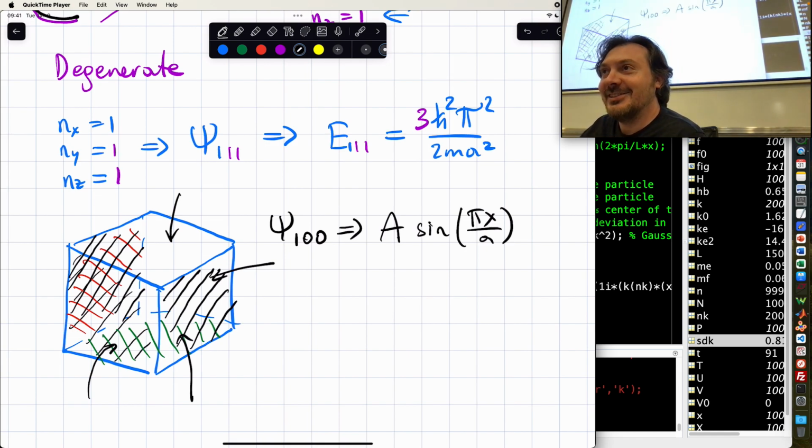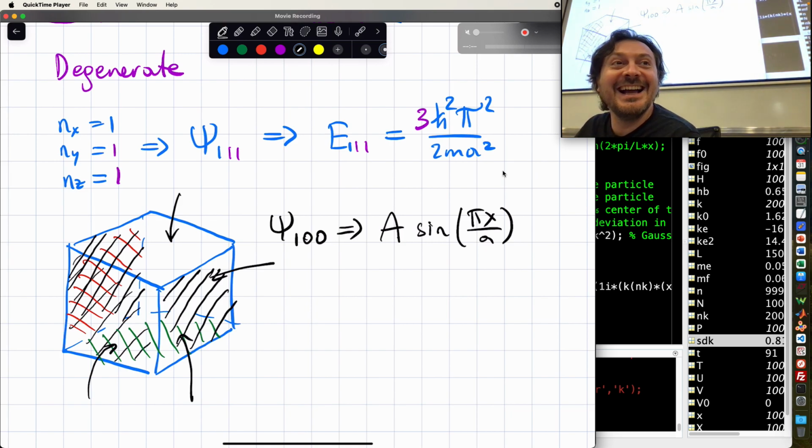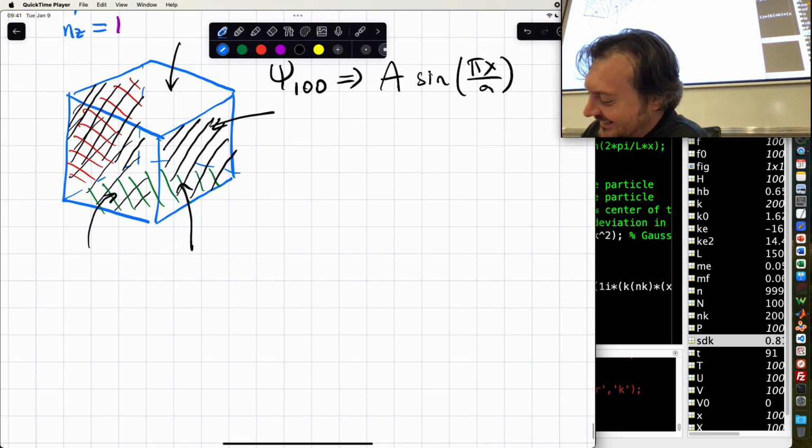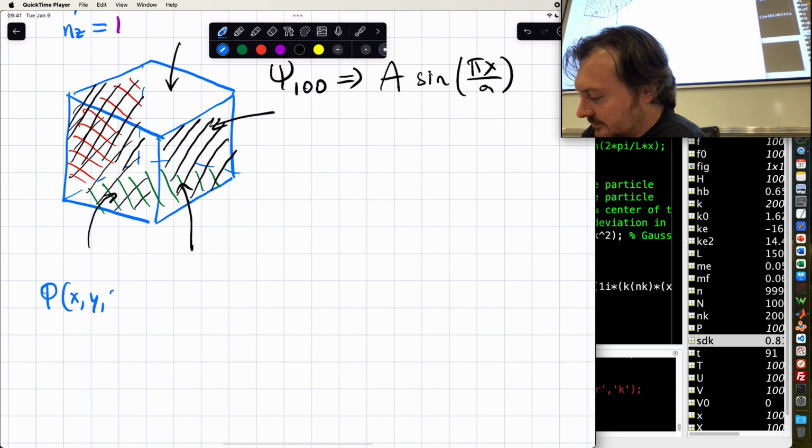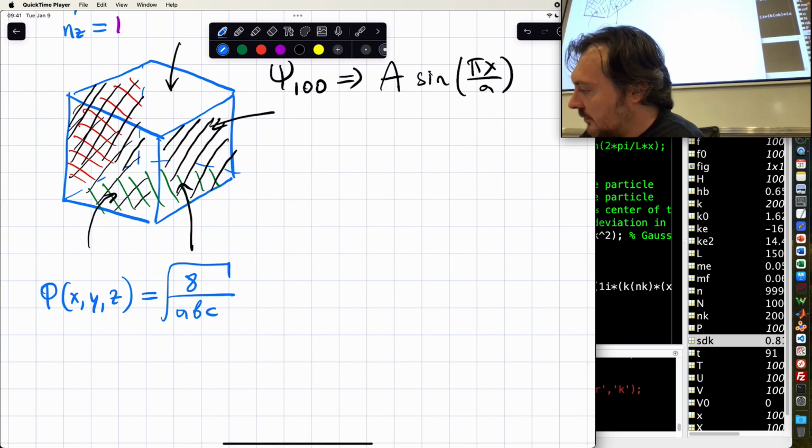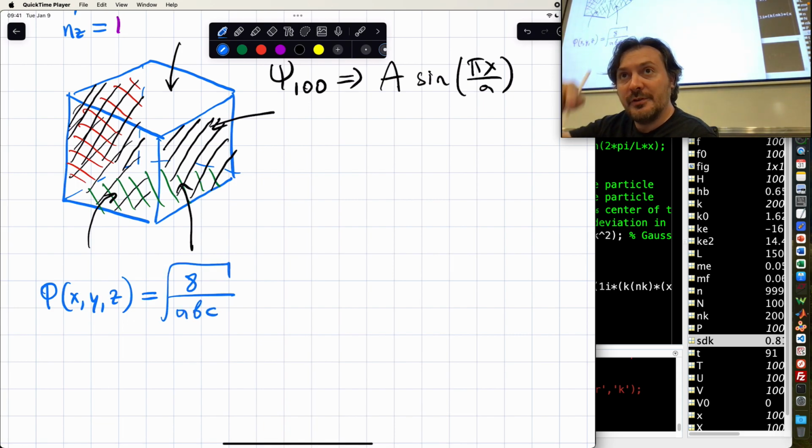Did you understand this? No? So let me write you the general form. I actually do have it here. The general form is this: square root 2 over a, square root 2 over b, square root 2 over c.